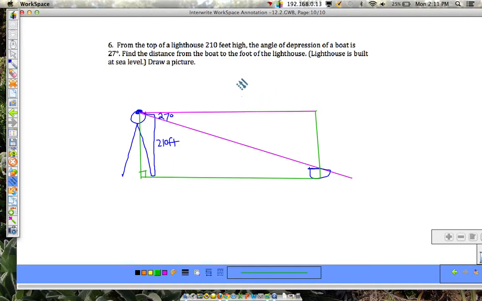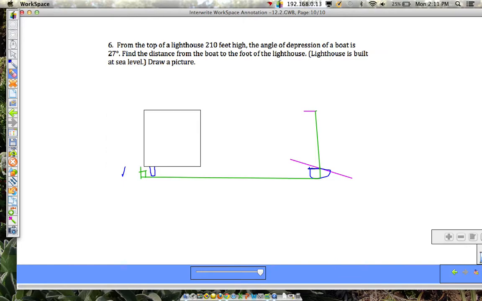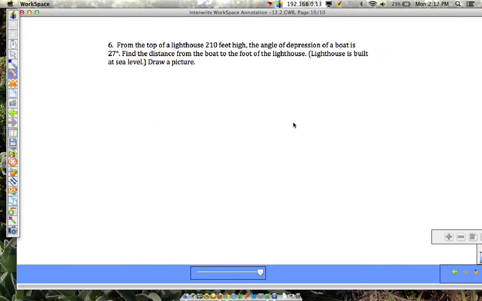So I'm going to redraw this picture so it's a little less confusing without my lighthouse. So here's my lighthouse. My angle of depression is 27 degrees. So that means I'm looking out 27 degrees.